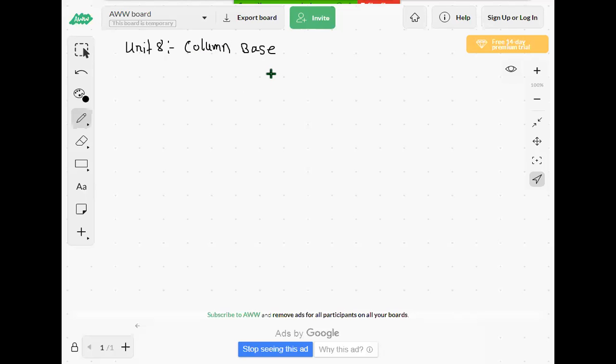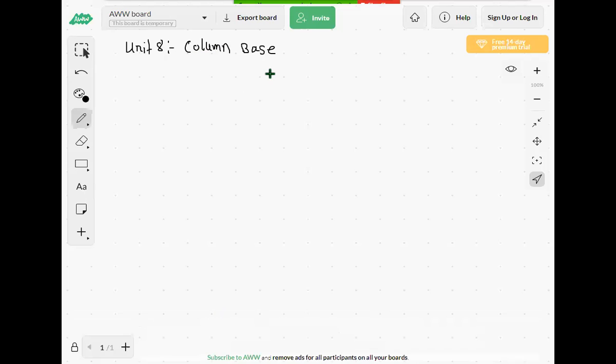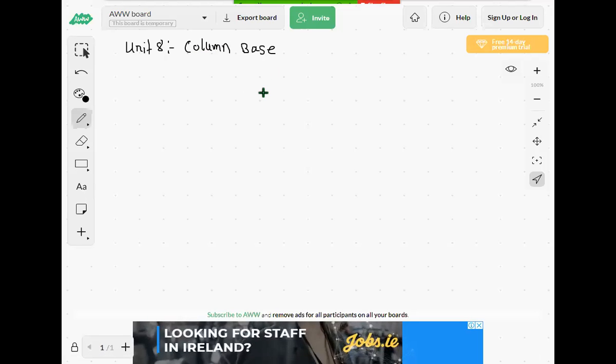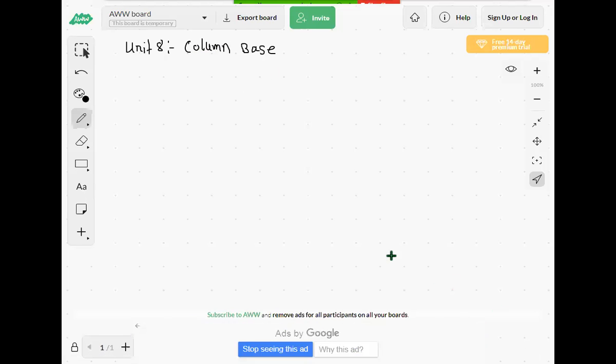So the base is of steel and concrete. We will see how the column base looks, what a column base or base plate is, and then we will design the column base. Before that, we will define what a base plate or column base is.